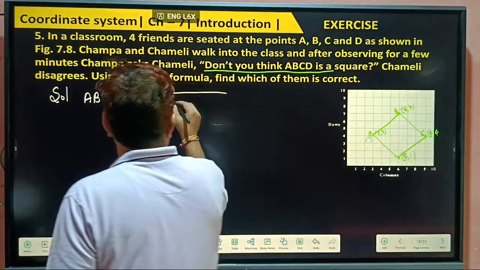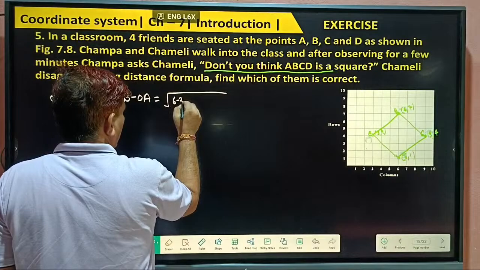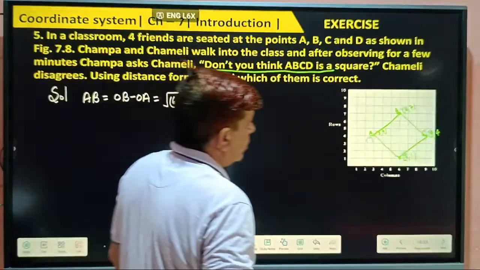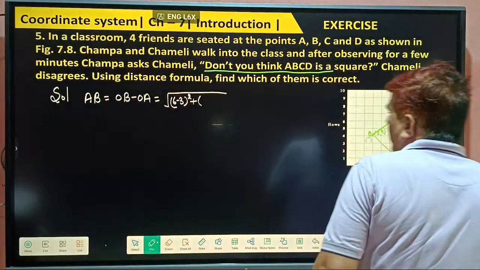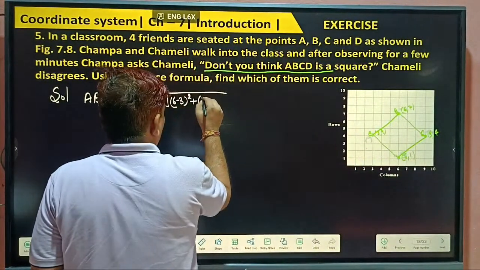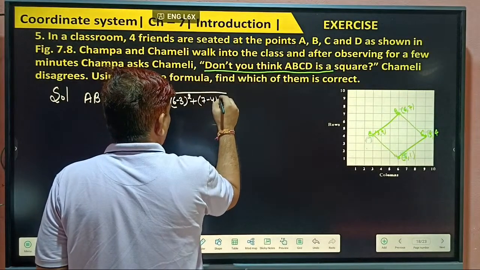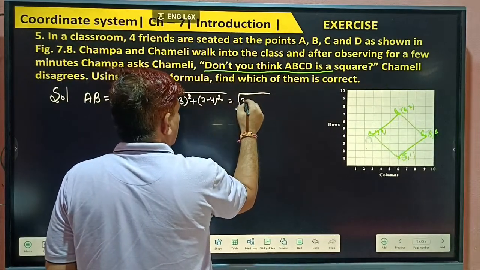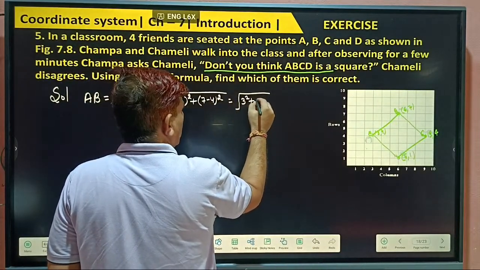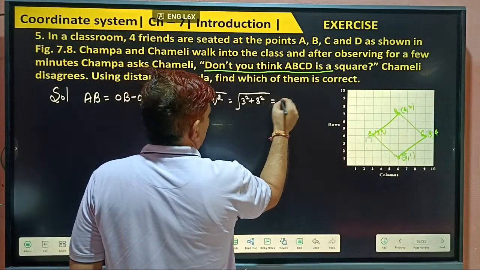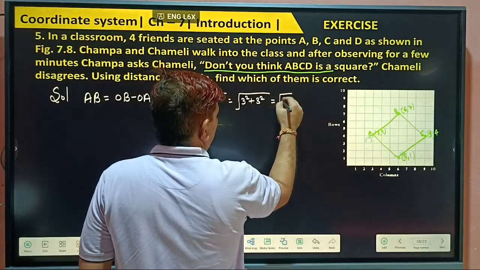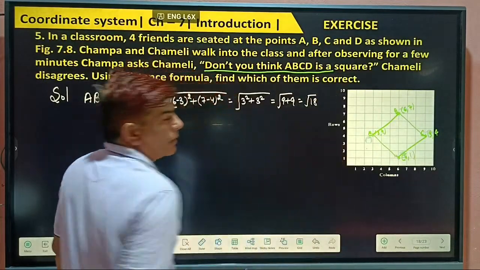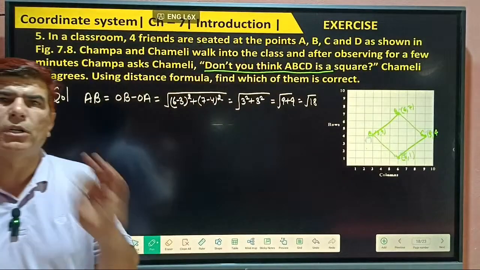So (6 minus 3) whole squared plus (7 minus 4) whole squared, which equals 3 squared plus 3 squared. That is 9 plus 9, so AB equals the square root of 18.